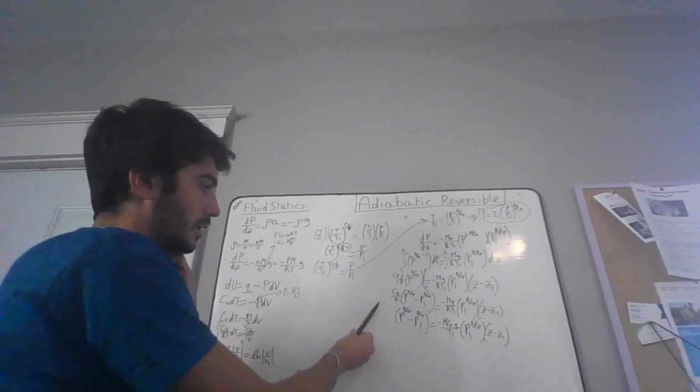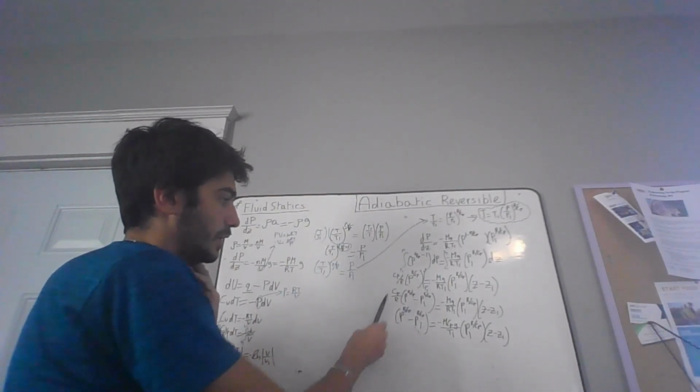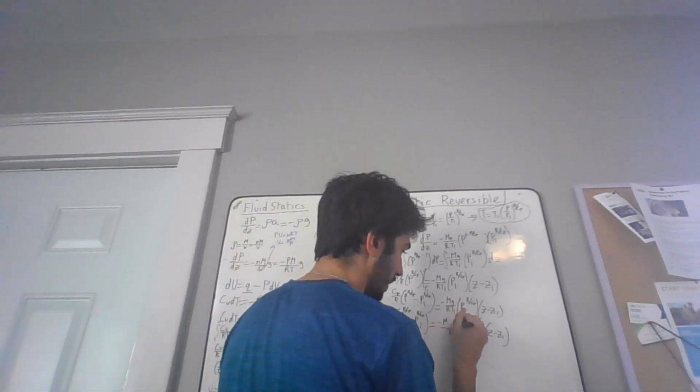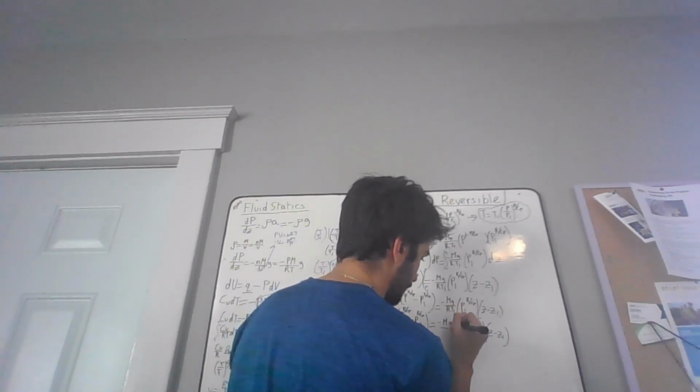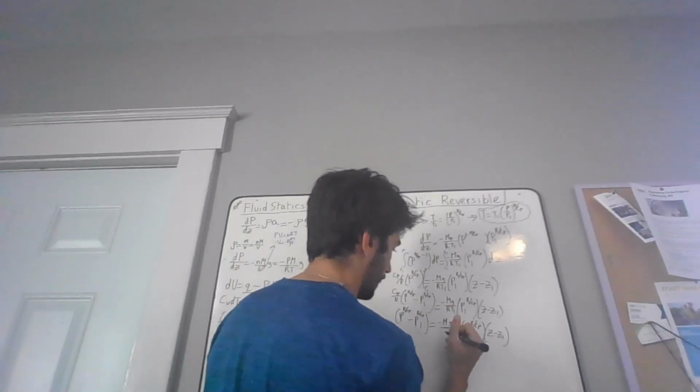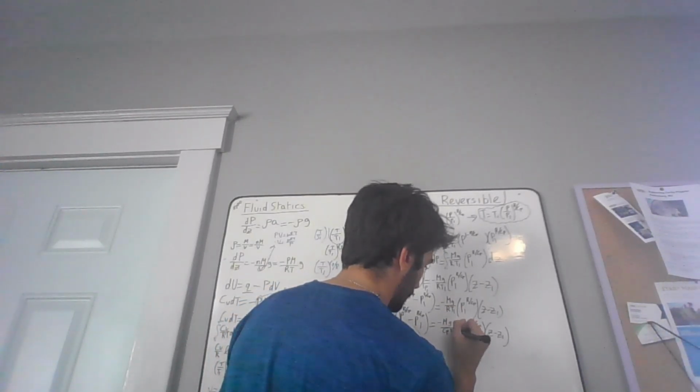We divide by R, and divide by CP, so this should be the denominator, sorry. Should only have mg in the numerator, and at the bottom we have CP Ti.